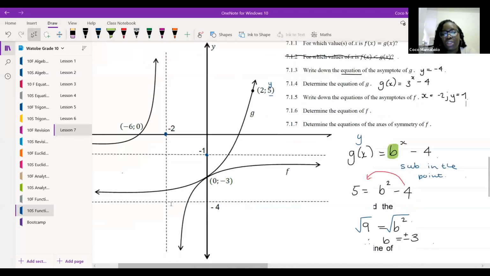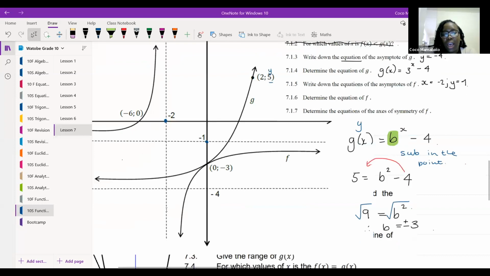I just need to explain to Reabetswe why we can't actually drop the bases. Both you and I are at this point over here: 9 is equal to b squared. The only way I can compare the bases is if they look the same, but the only thing I can do is make the exponents look the same. So I can rewrite 9 as 3 squared, and I get 3 squared is equal to b squared.